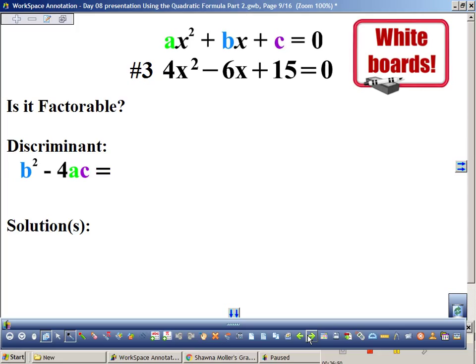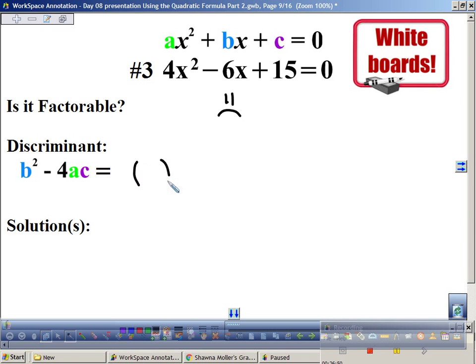Okay, so I'm going to do this one all the way through, okay? And then we're going to get you your homework back so you can do one of these in your homework, right? And then we're going to just finish it up there. So I'm going to tell you right now that that's not factorable. We're not going to waste our time trying to figure it out. So I'm going to start with my discriminant, which is b squared minus 4ac.